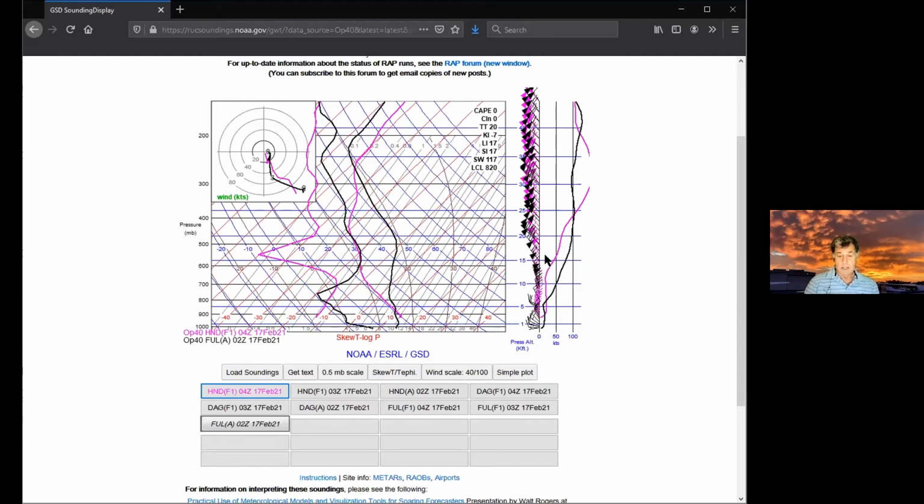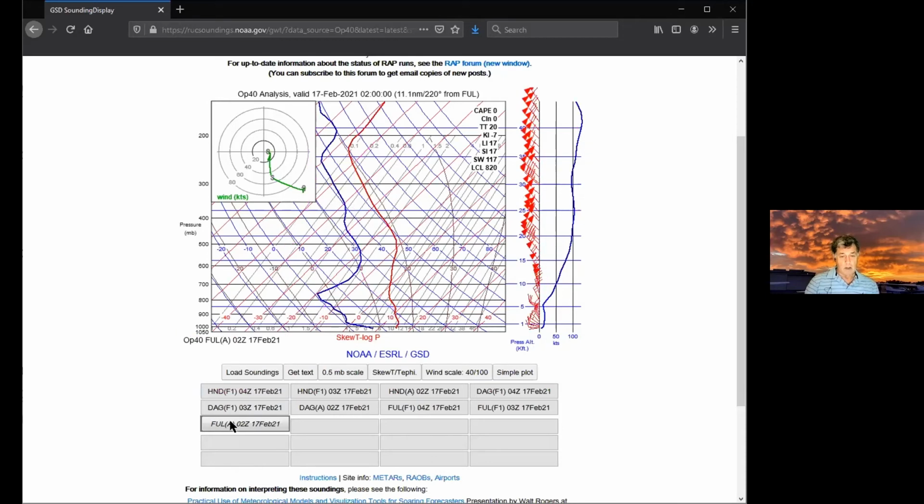And out towards the desert, we can see that the winds are actually a little bit less intense than they are over us right now as we go up in altitude until we hit about 24,000 feet, and then it's like way stronger winds. So if we were flying a private jet at 30,000 feet, we'd be dealing with some pretty significant winds. They'd be out of the northwest, so a little bit of a tailwind going on there.